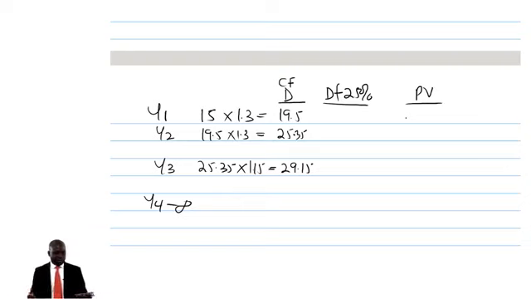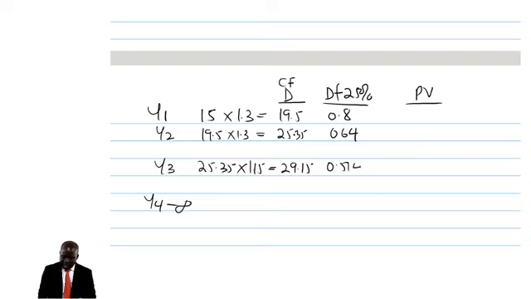How do you calculate it? That is what we say 1 divided by 1 plus R. So I'll say 1 divided by 1.25. I will get 0.8 here. Divide by 1.25. I will get 0.64. Press the equal sign, 0.512.